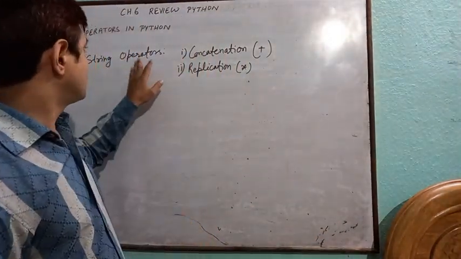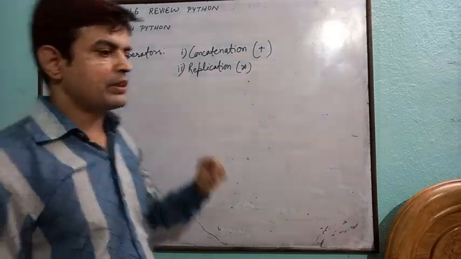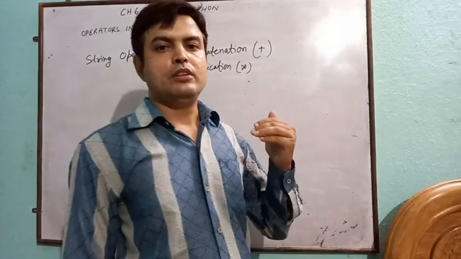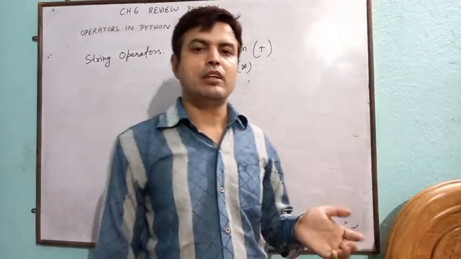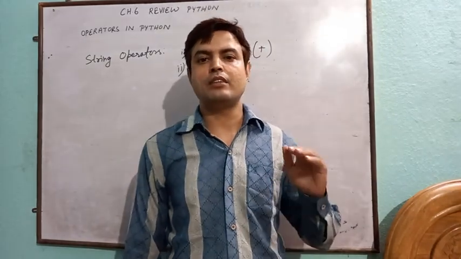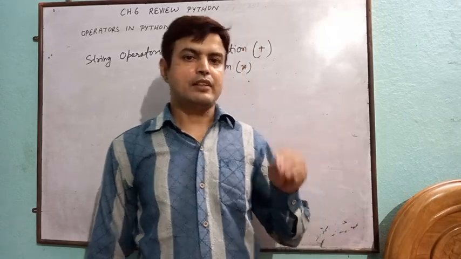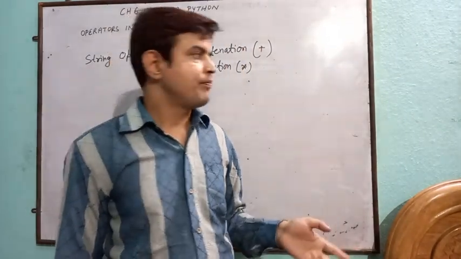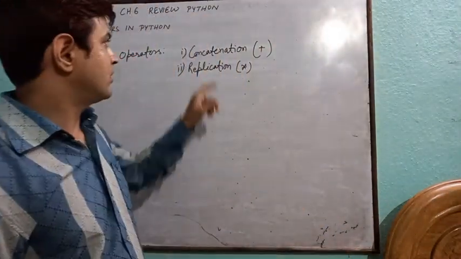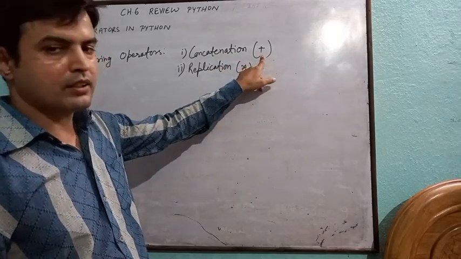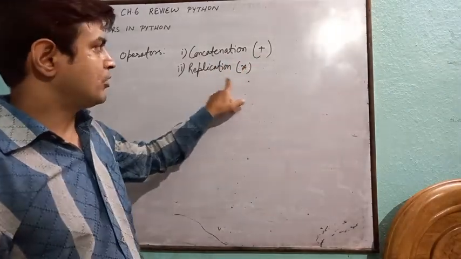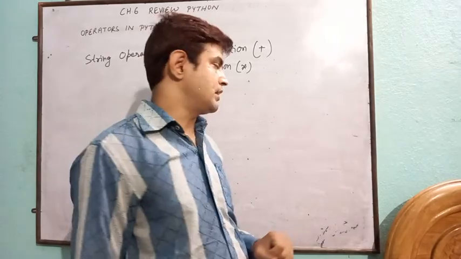So there are two types of string operators. The string operators are mainly used on string values, as arithmetic operators are used on numbers. There are two types of string operator: the concatenation operator, that is plus, and the replication operator, that is star or asterisk.